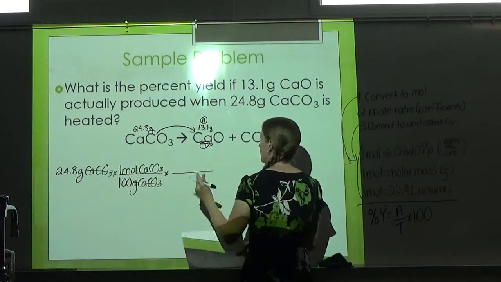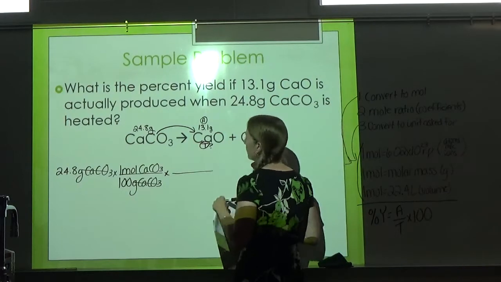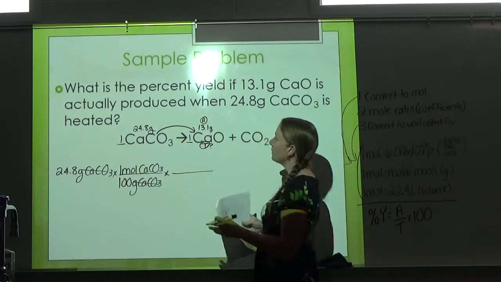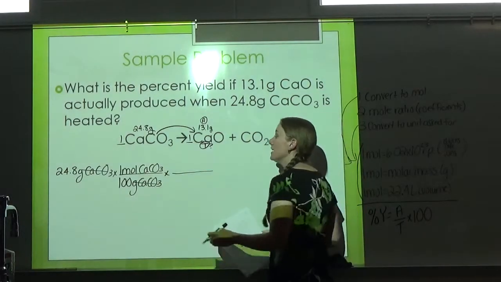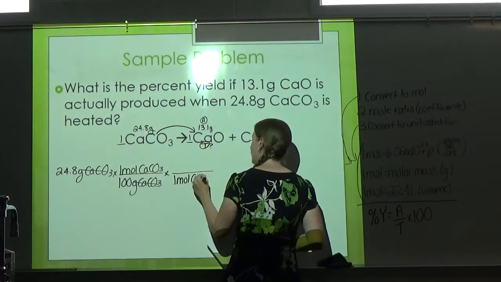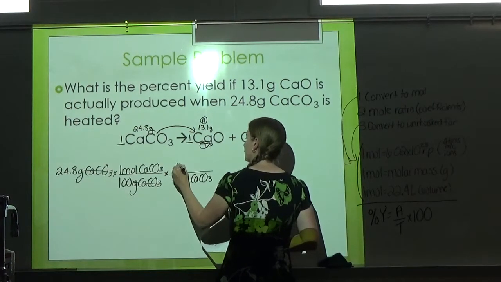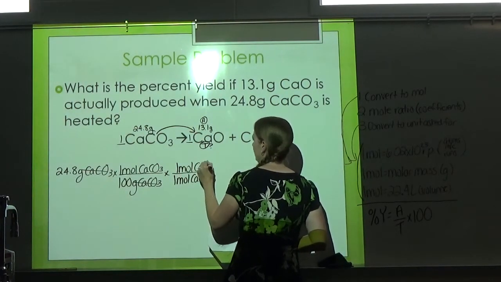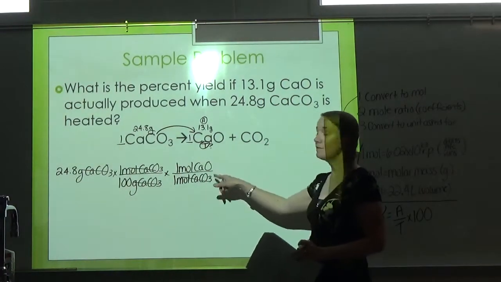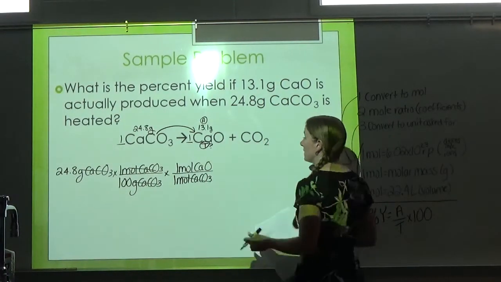Step 2, of course, is mole ratio using coefficients, and so I can see that 1 mole of calcium carbonate makes 1 mole of calcium oxide. So I follow my golden rule and I put the 1 mole of calcium carbonate on bottom, and that yields 1 mole of calcium oxide. So my calcium carbonate cancels out, and now I've officially switched over to calcium oxide.